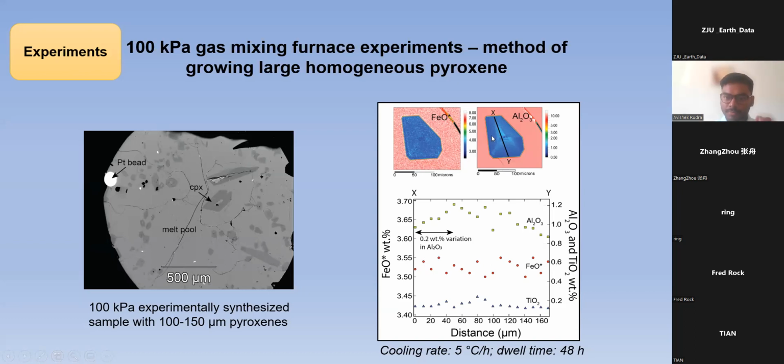So you can put a XANES spot or an electron microprobe spot in there and be sure that that part of the pyroxene is very homogeneous. So we eventually succeeded to grow pyroxenes by doing very slow cooling experiments. It regularly produced 100 to 150 micron crystals and big melt pools which are free of microcrystals. So you can easily analyze the melt. You can also easily analyze the pyroxenes, for example, the CPX here.